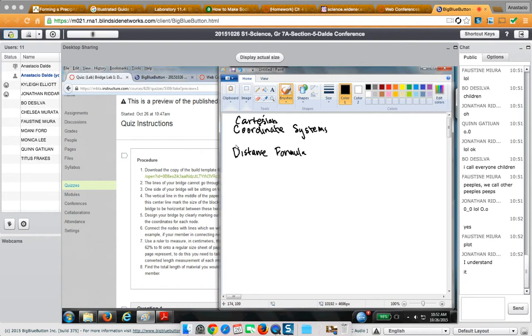Before that, I forgot to write the Pythagorean theorem, which is a squared plus b squared equals c squared. And then the distance formula looks like this: d is equal to the square root of (y2 minus y1) squared plus (x2 minus x1) squared. Finish off that square root.